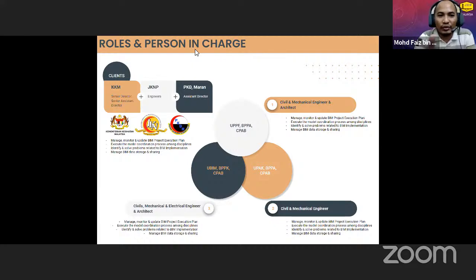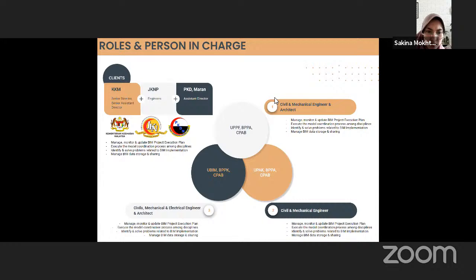I pun tak tahu macam mana you dapat, sebab manage and monitor semua tu I think that one come from the design build punya R&R. Not particular for the in-house punya project. Okay. So yang ni pun I think you need to betulkan balik untuk role and responsible in charge ni.